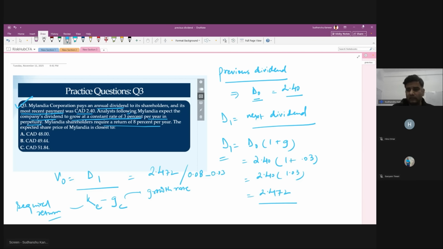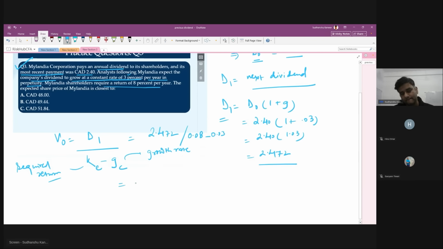So if you solve it in a very simple way, 2.472 divided by (0.08 minus 0.03). Very straightforward, very easy, very simple. I told you the first question will not take much time because it is one of the simplest questions. So the answer comes out as 49.44. That should not be a problem.